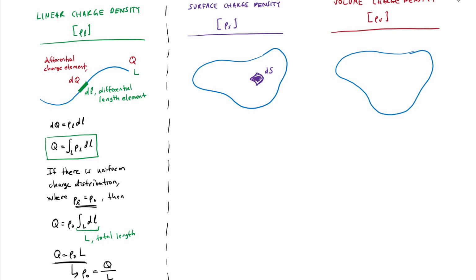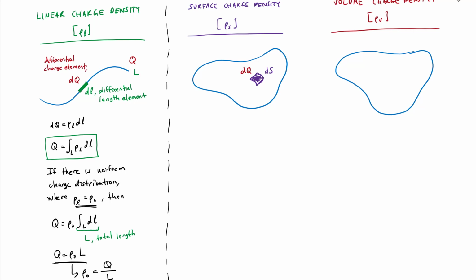So that would be the differential surface area element. And the only difference here is that we're looking at a charged object, which means whatever tiny differential element we're looking at, in this case ds, it's going to hold a charge as well. And that charge is going to be dq.